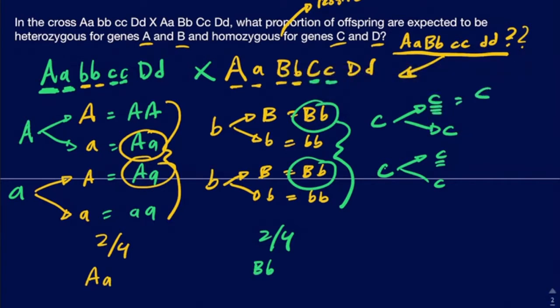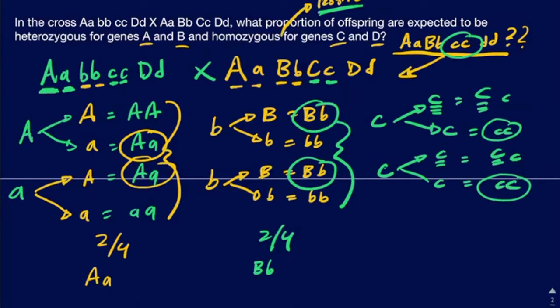If we do that out, we get big C little c, little c little c, big C little c, and little c little c. And we're looking for homozygous recessiveness. So that's little c, and there's 2 of these that are little c. So that's 2 out of 4 little c.